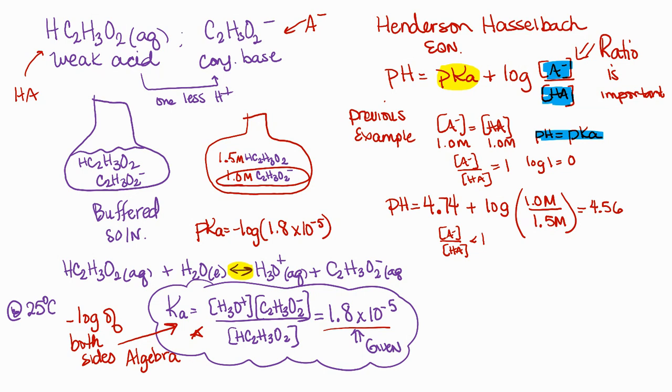Now, conceptually, we have more acid than base. So the pH should be lower than pKa, more acidic. So we have more weak acid, so the pH that we get is lower than pKa.